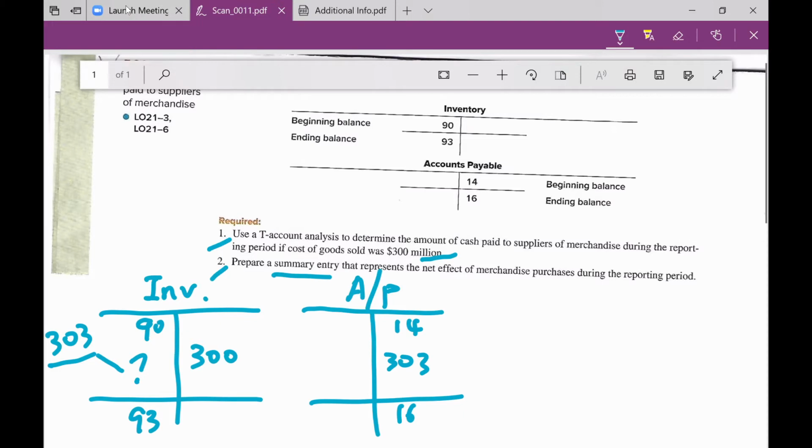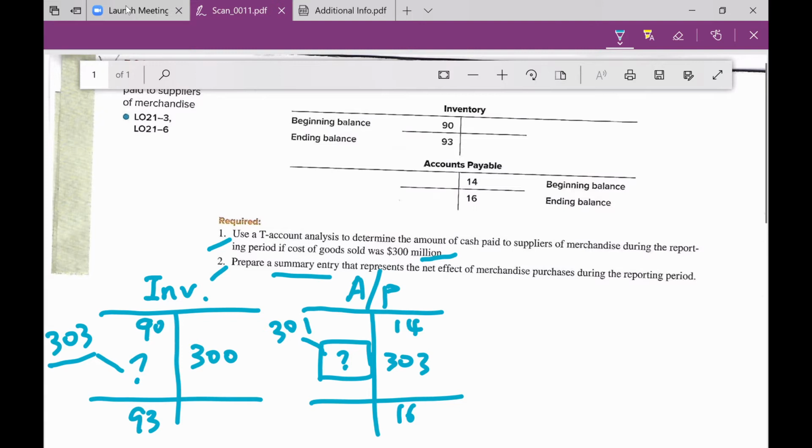When you make payments to suppliers, you decrease accounts payable, so we debit accounts payable. In this case, 14 plus 303 minus something equals 16, so it has to be 301. So 301 should be the cash payment to suppliers.